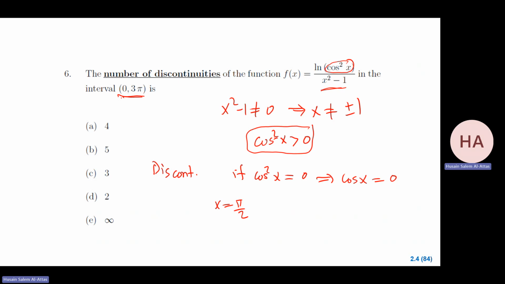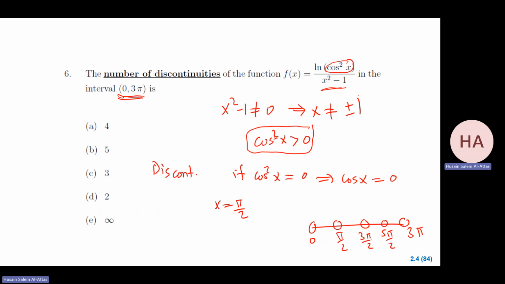I need to be careful with this interval. If I have 0 to 3 pi, I need to avoid pi over 2, 3 pi over 2, and 5 pi over 2. The next one, 7 pi over 2, is outside the interval.